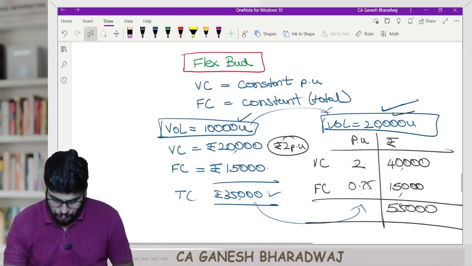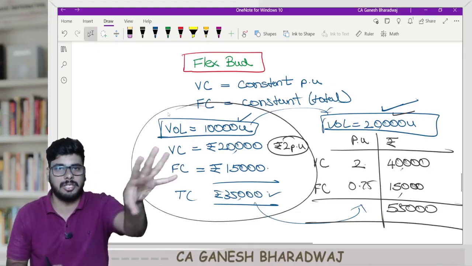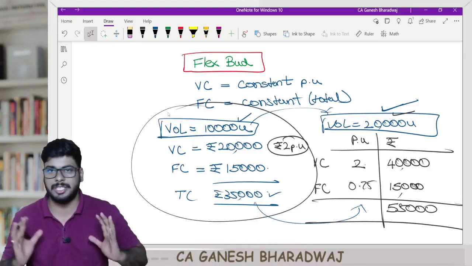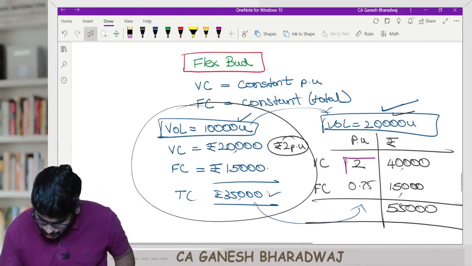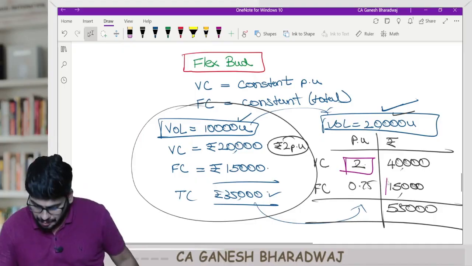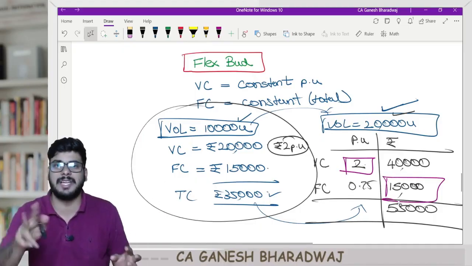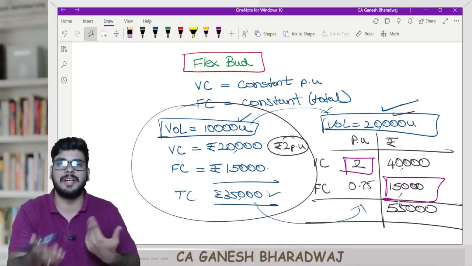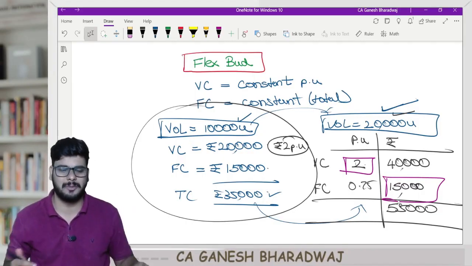So for a given output level, that is a static budget, you convert the variable cost to a per unit level and the fixed cost to a total level, and for any volume level, you first fill in variable cost in the per unit column and fixed cost in the total column. The other column can then be multiplied or divided and arrived at. Clear with this, guys? This is all about the concept of flexible budget.